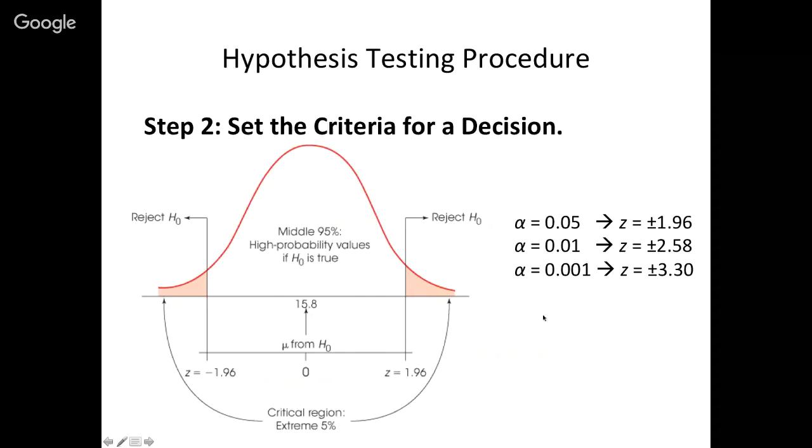And usually we have a predetermined alpha value, for example, alpha equals 0.05, which corresponds to z equals plus or minus 1.96. So here the z-score is the boundary of the critical area.